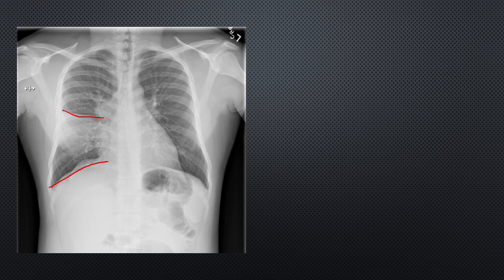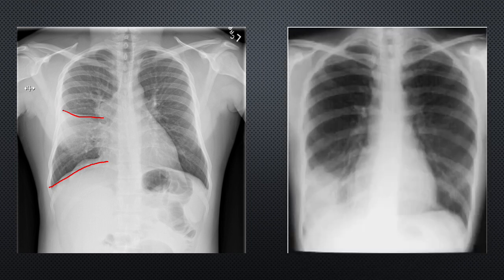And here I'll show you a lower lobe consolidation for comparison, where it's very difficult to make out. I assume the diaphragm is here, but it's very difficult to make it out because you've lost that clarity there due to the consolidation.